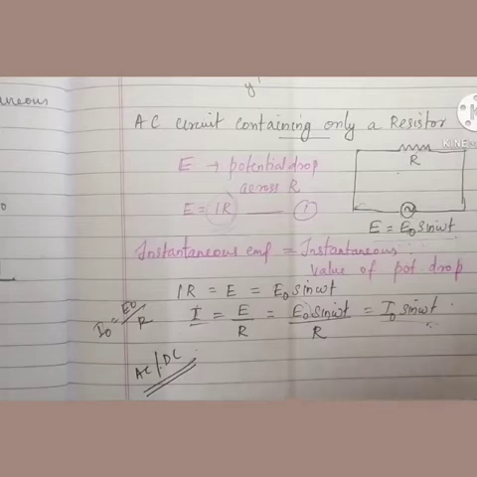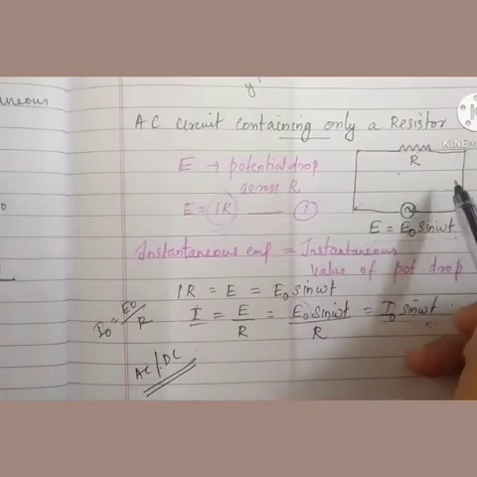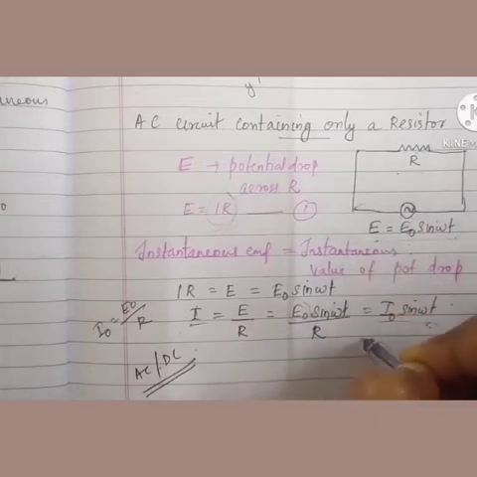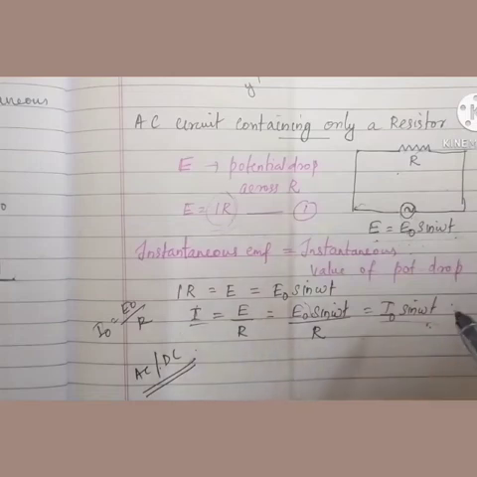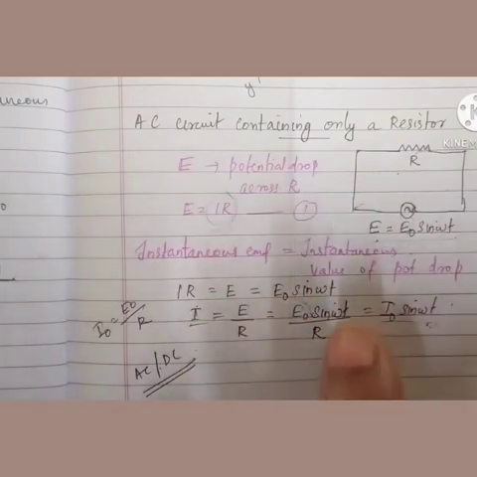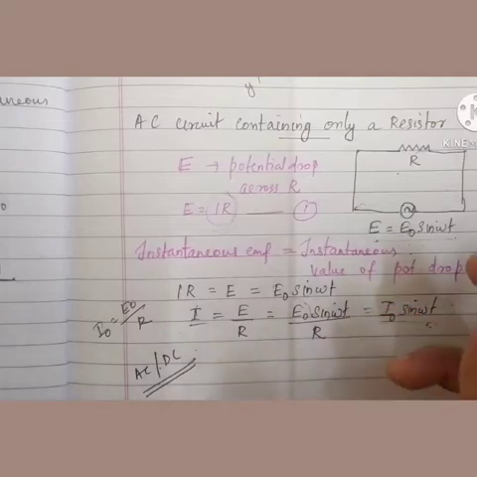Clear? So once again, first we draw the circuit diagram, then expression for E, then expression for I. Is that clear? Now the fourth step is you have to draw a graph of E as well as I versus omega t.